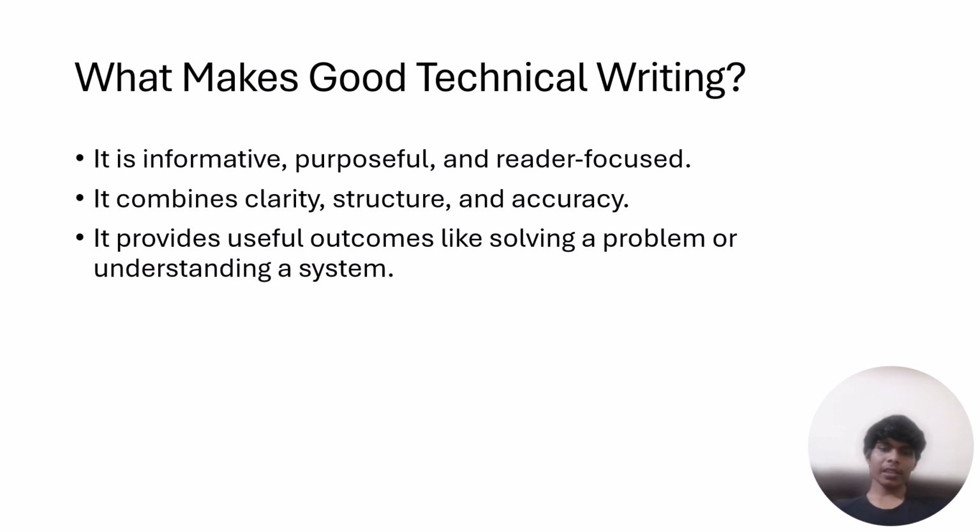It combines clarity, structure, and accuracy. It also provides useful outcomes like solving a problem or understanding a system, which is also very important in technical writing. These are the main things that we should keep in mind when we are writing.